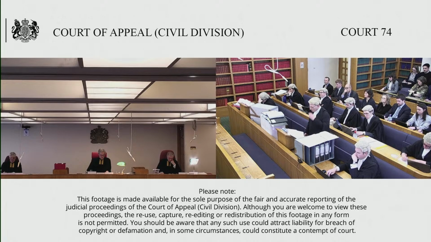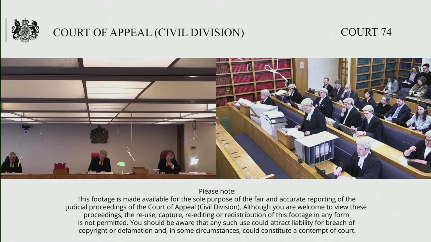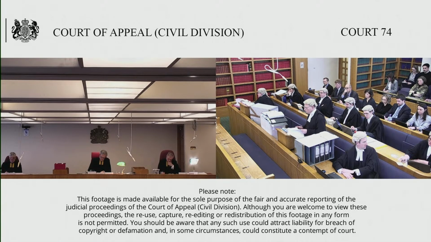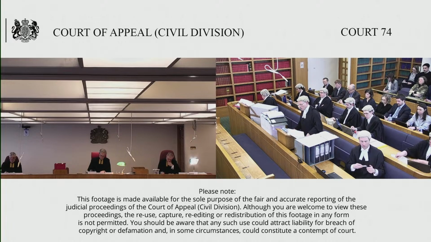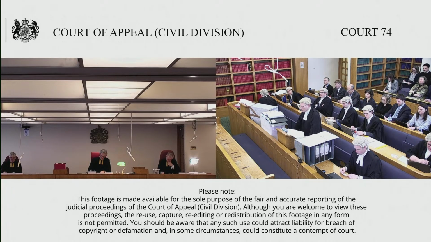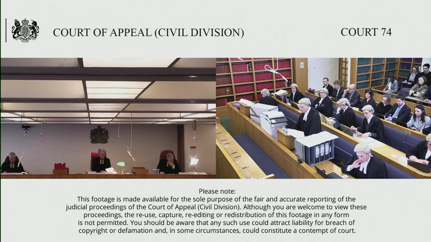Our answer to that is that consideration of that and the weight to be attached to it was inherently within the FTT's discretion. It was fully evaluated by them at paragraph 261. The fact that the works were funded and underway was taken into account, but ultimately rejected, and that's paragraph 269 and following.